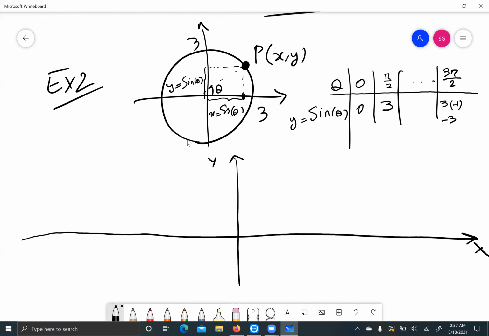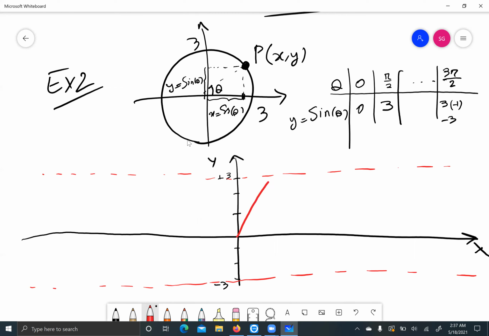So basically, the graph is going to be the graph of sine, but it's going to be between +3 and -3. I'm going to draw the graph of sine, but because it's not the unit circle, because the circle has radius 3, the graph is going to be like this.